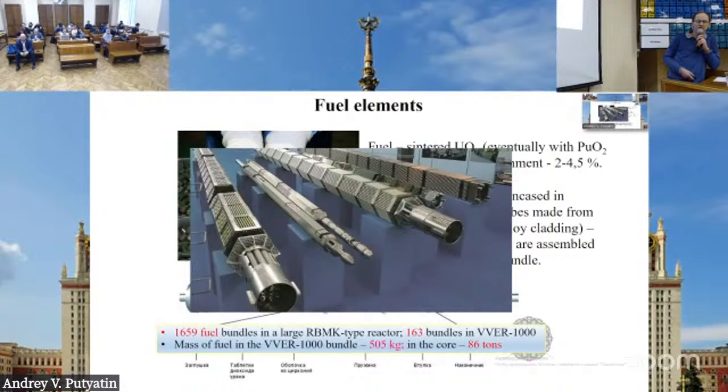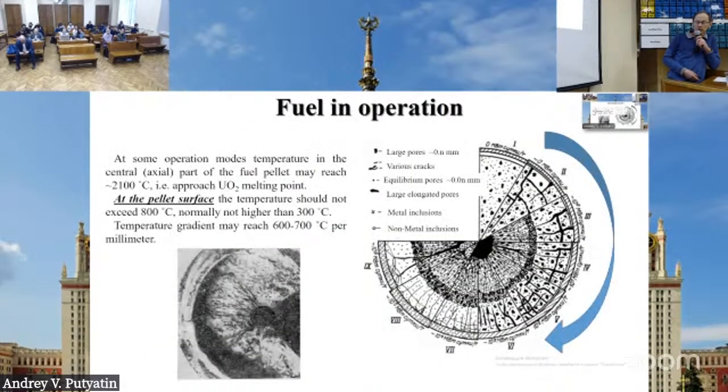It reaches, for example, in Russian-built VVR-1000 type reactors, approximately 86 tons, and every bundle contains something like half a ton of fuel.